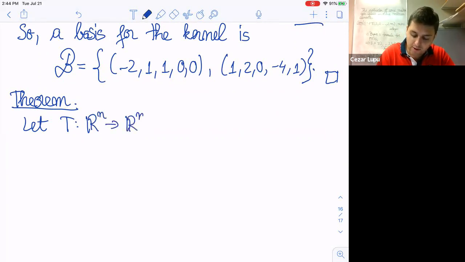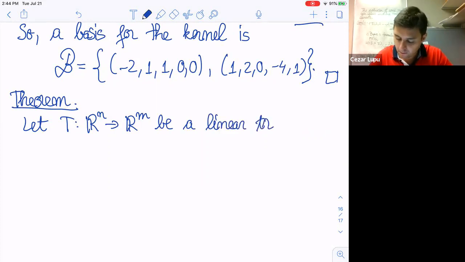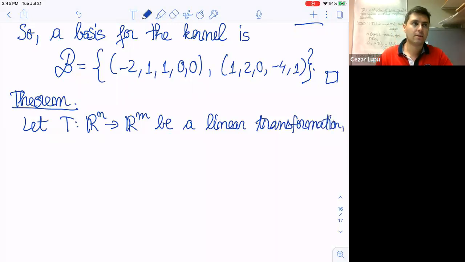This is very important, not just from one vector space to another. So let T be a linear transformation, and this linear transformation is given by T of x is Ax, right? It can be represented by a matrix.